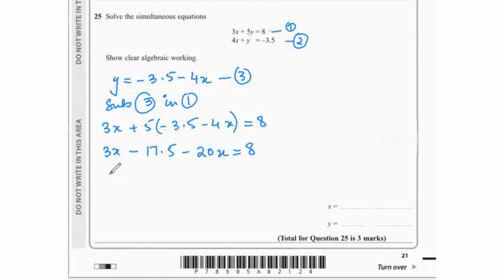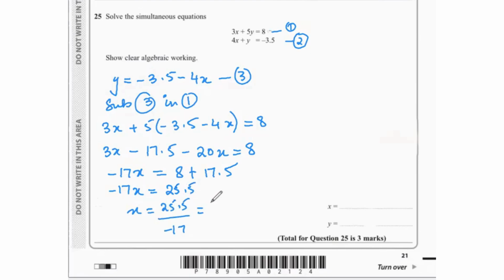3x minus 20x is negative 17x. Take the 17.5 to the other side. 8 plus 17.5, which is 25.5. So negative 17x equals 25.5. X is going to be 25.5 divided by negative 17. That equals negative 1.5.